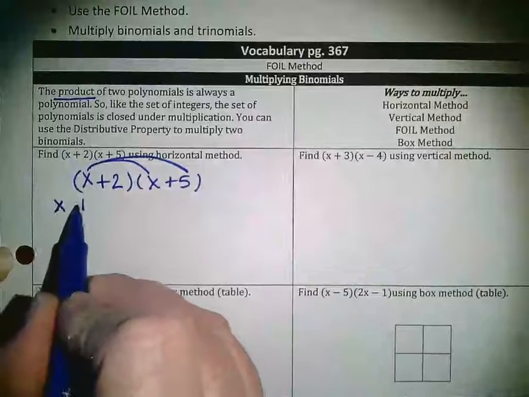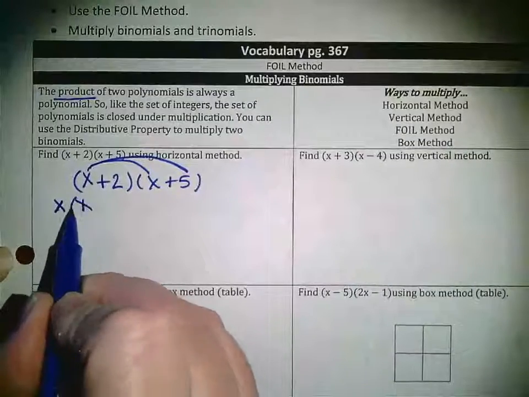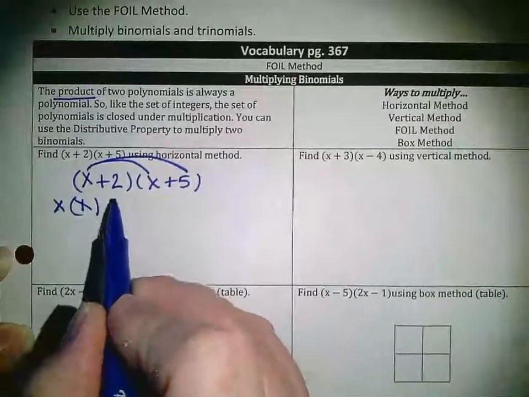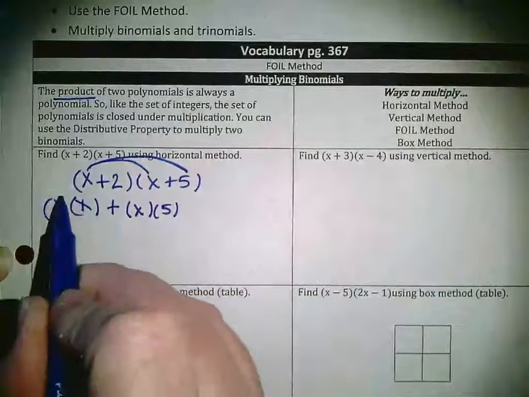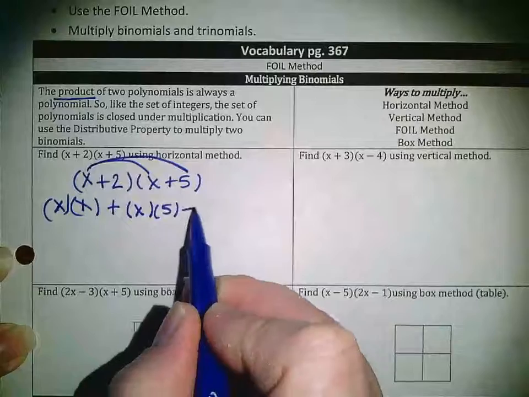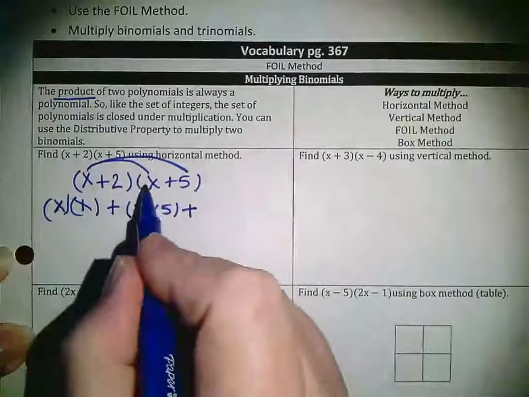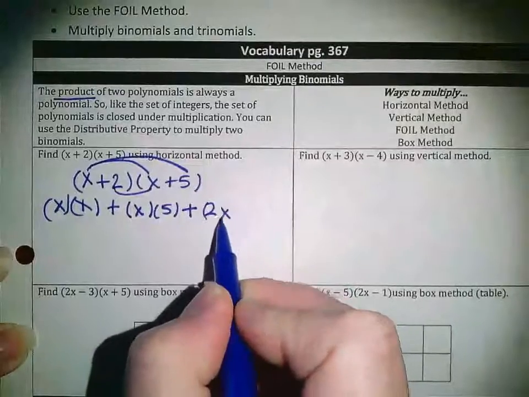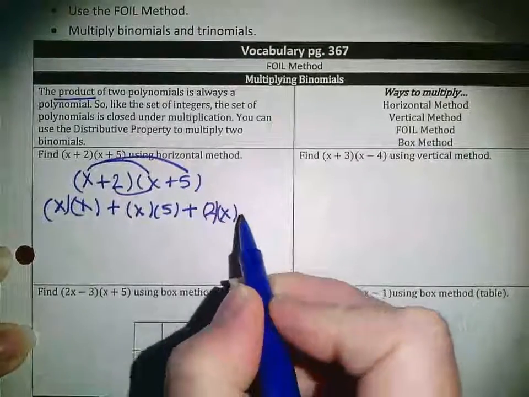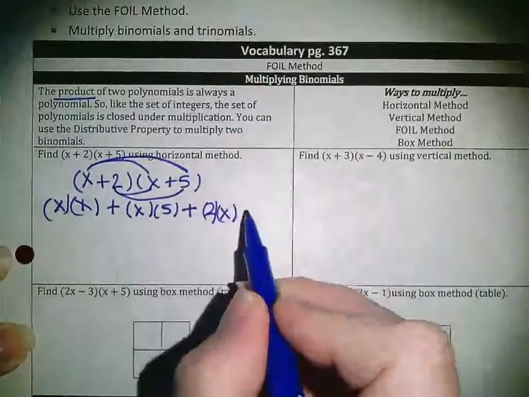So x times x plus x times 5 plus 2 times x and 2 times 5.